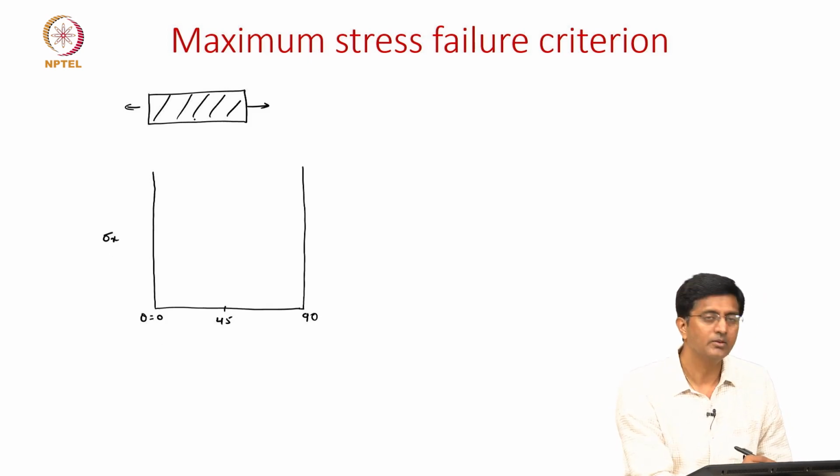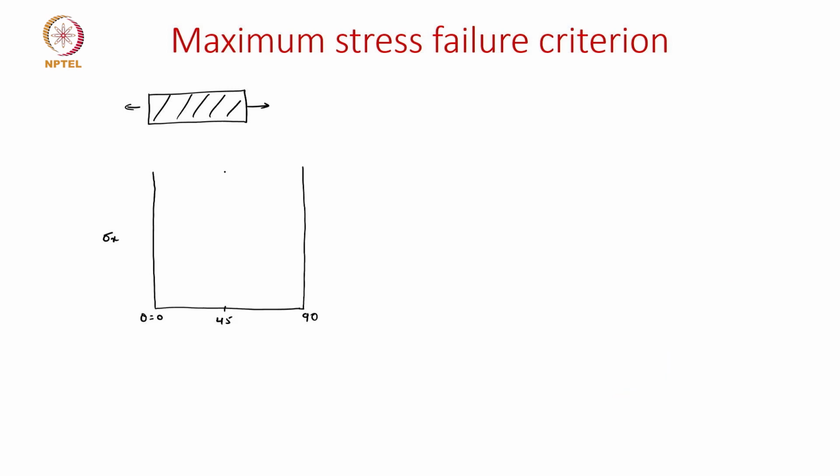In this particular loading scenario, what do we expect along the fibers? Are they in tension or compression? It's in tension along the fibers. If it is in tension along the fibers, what is the failure expression we apply? We say sigma x should be less than Xt by cos square theta.